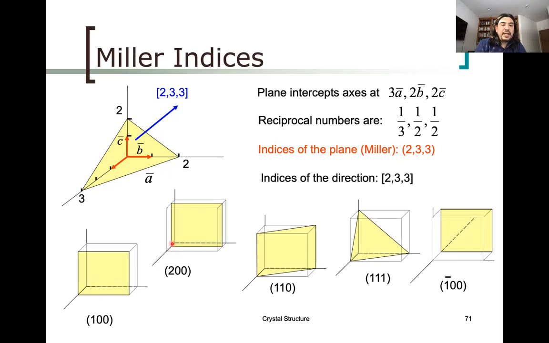This one is the 1/2 00, 1/2 in the x direction. So that one is the 200. This one back here is similar to this one, the 100 and the negative, the bar 100. They're almost the same. They're just one is behind the other like this.